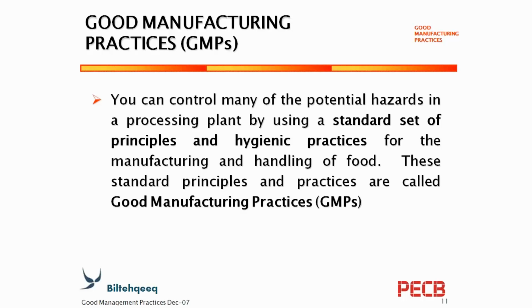These standard principles and practices are called good manufacturing practices. As we have talked about SOPs and HACCP, these are basically the good manufacturing practices which we can apply to eliminate or reduce any hazards during our manufacturing processes of food.